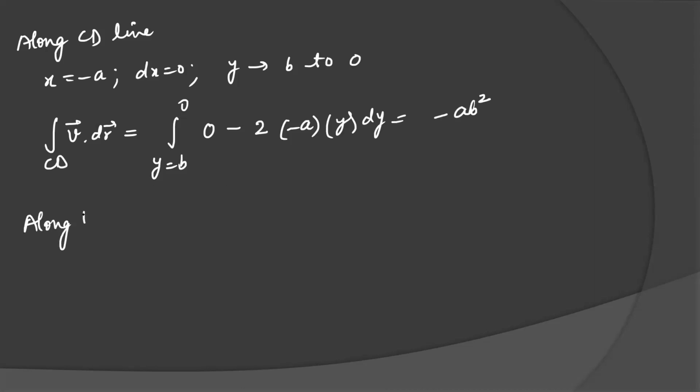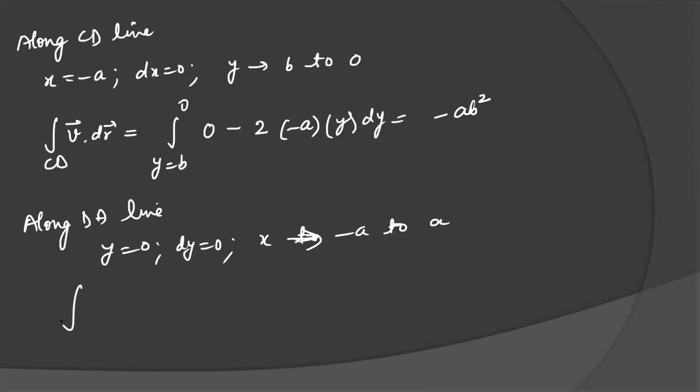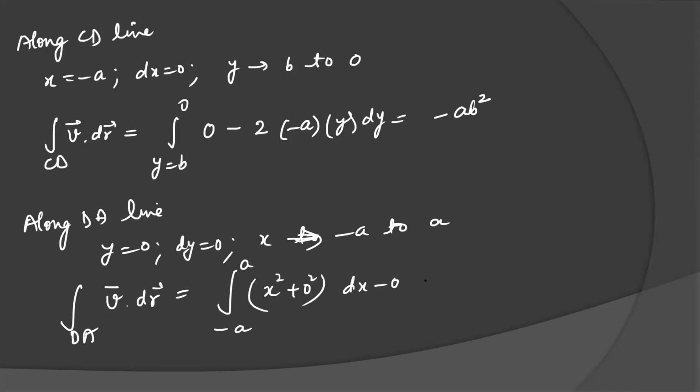Now along the DA line, that is actually y equal to 0. So dy equal to 0, and x is moving from minus a to plus a. So along the DA line, V dot dr is the integral from minus a to a, where x is varying, x square plus y square is x square, dx, dy is 0. So it will be x cube by 3, and it will be 2a cube by 3.